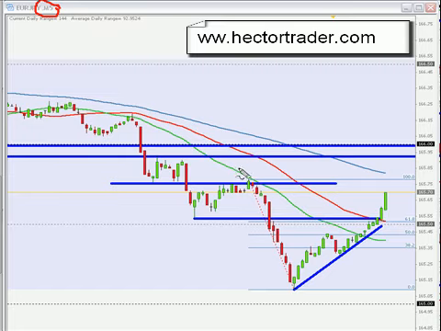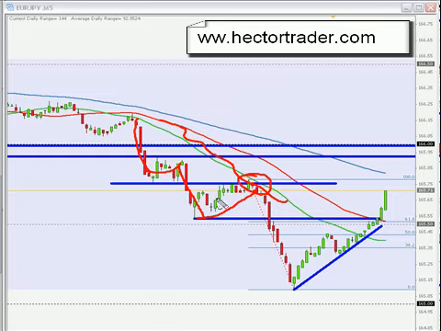Okay, have a look here. Moving averages all pointing down, clearly trending markets to the downside. Price swings down, retraces back to the dynamic area of resistance with a confluence of elements.